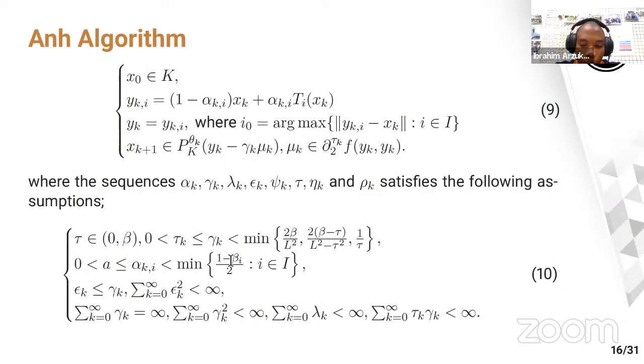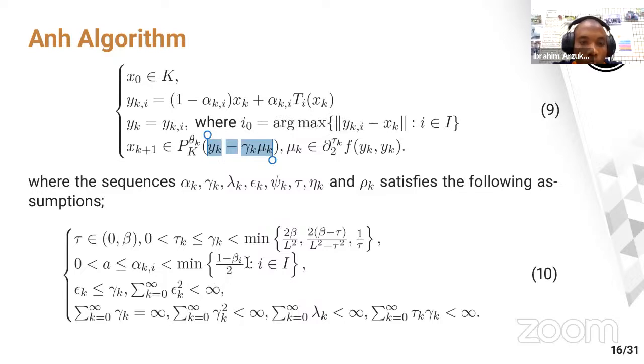So we try to improve this algorithm. We use a conjugate gradient-like approach, changing the direction using a conjugate-like term, and we also relax some of the conditions on the parameters.